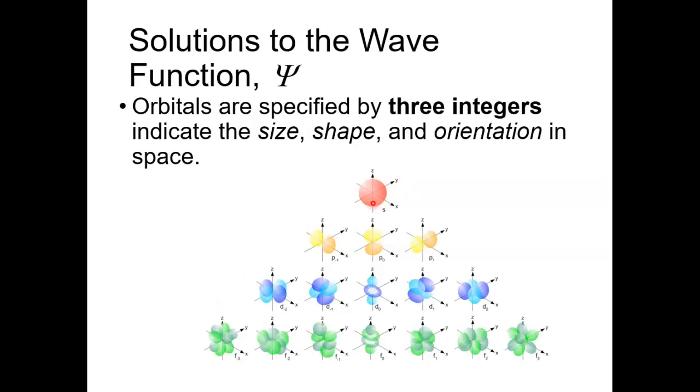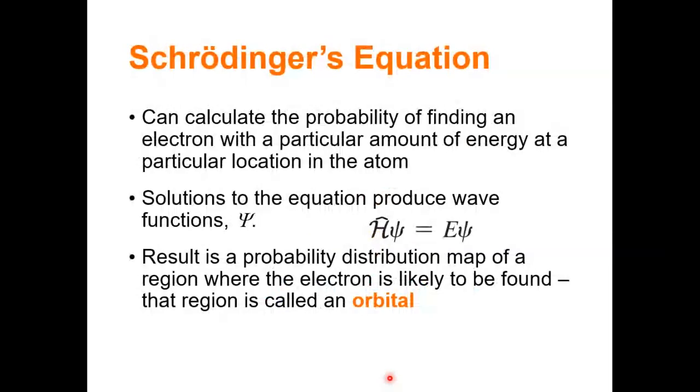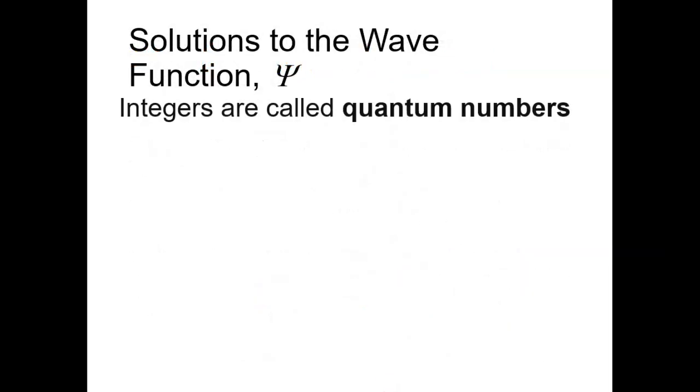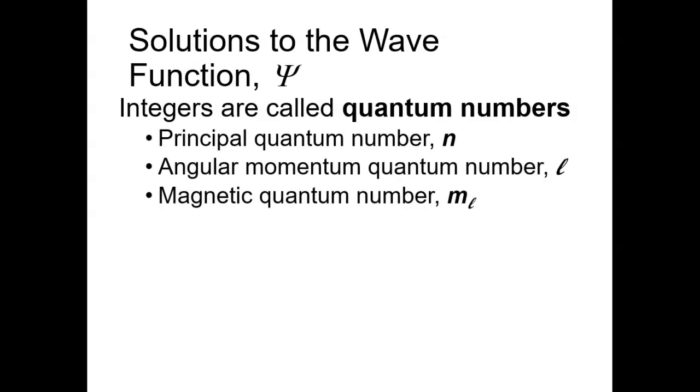And we'll talk about what these shapes represent and how we organize all of this information, because three solutions to describing where one electron is, not to mention there is actually a fourth quantum number that describes the electron itself in that region of space. It's a lot to keep track of.